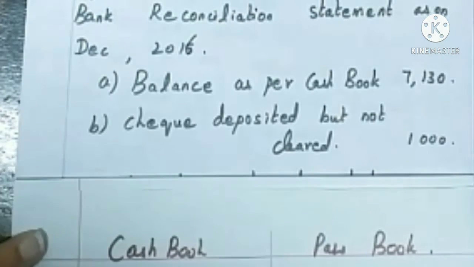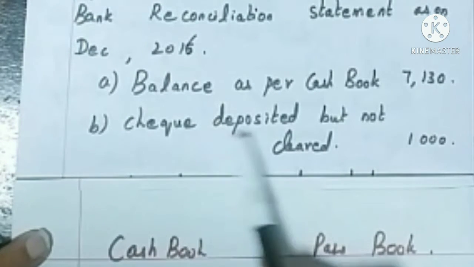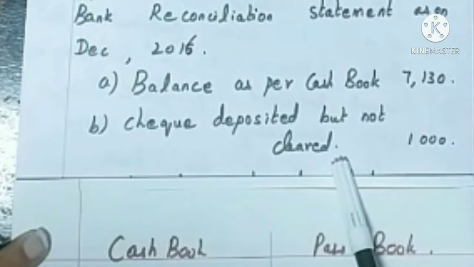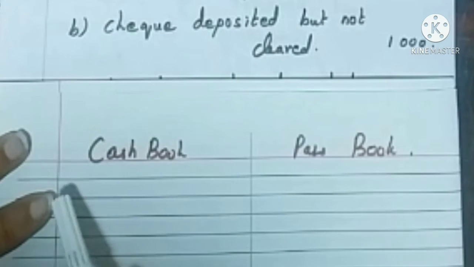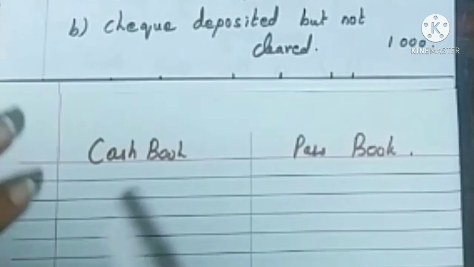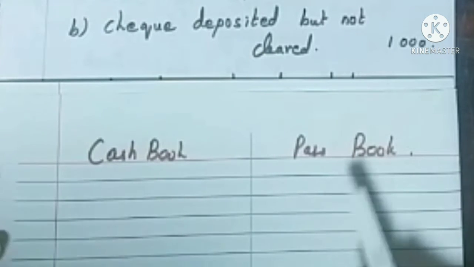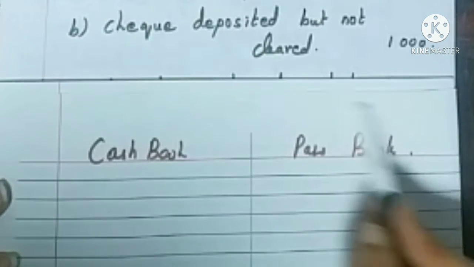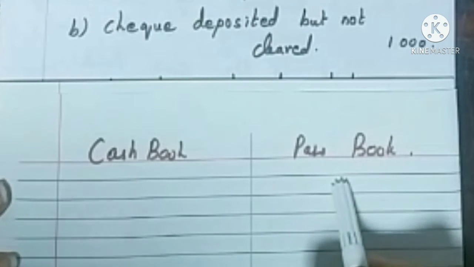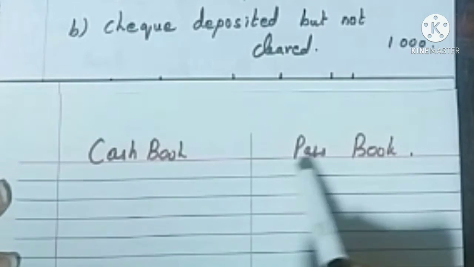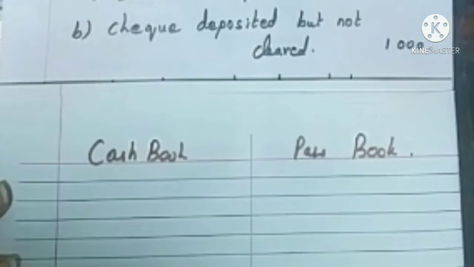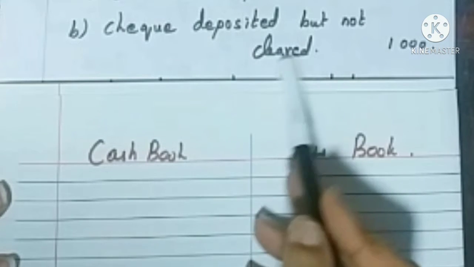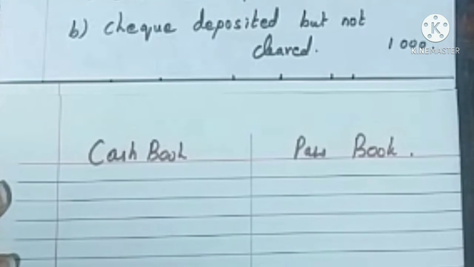Here, check deposited but not cleared. What I said is that I am going to start from balance as per cash book and end up in balance as per passbook. So if I am going to end up in balance as per passbook, I have to focus only on passbook. So checks are deposited but not cleared. As soon as the checks are deposited, what will I do?